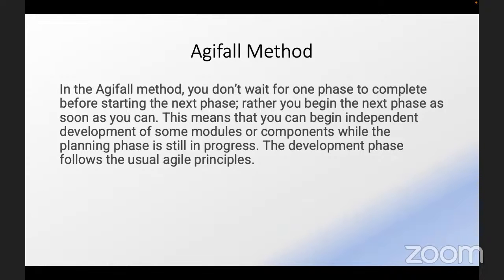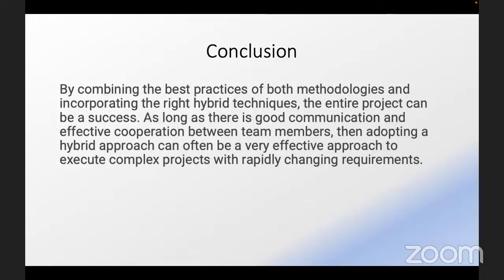Like I gave an example, while the planning phase is still going on, we can be at development of some features or some modules that will be integrated in the product. Good. Now, conclusively, we combine both methodologies, and if we incorporate the right hybrid techniques, the entire project can be a success.